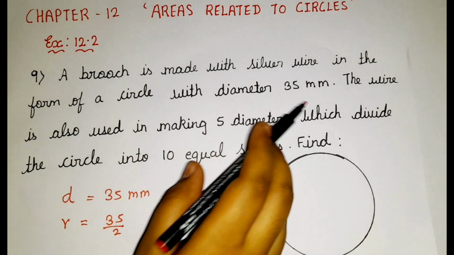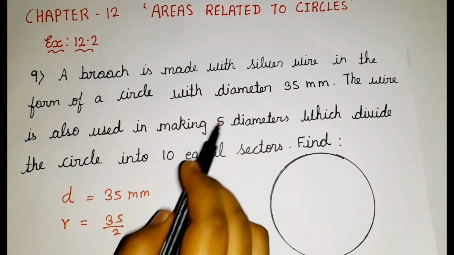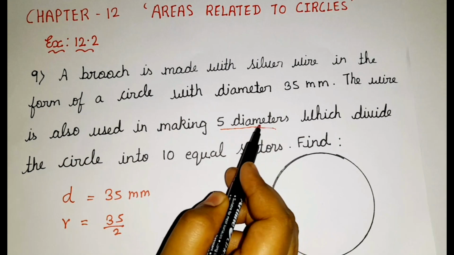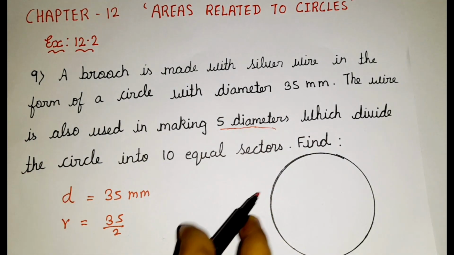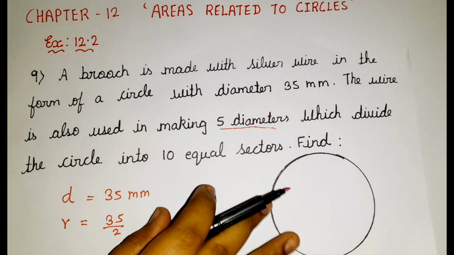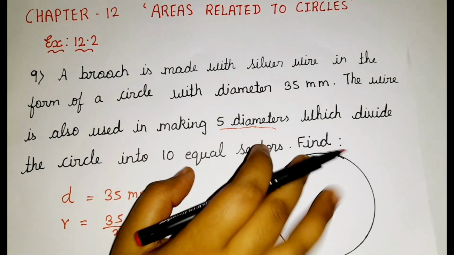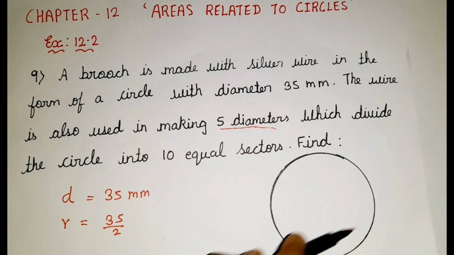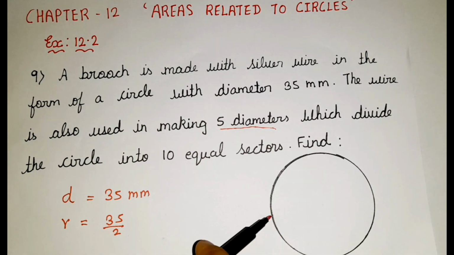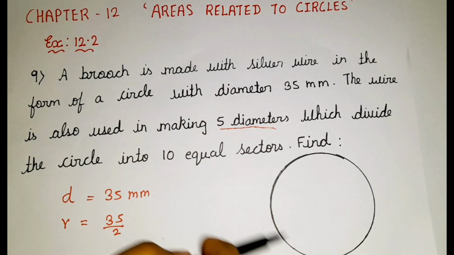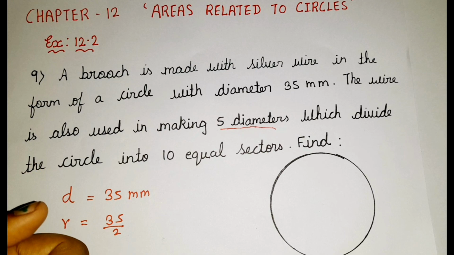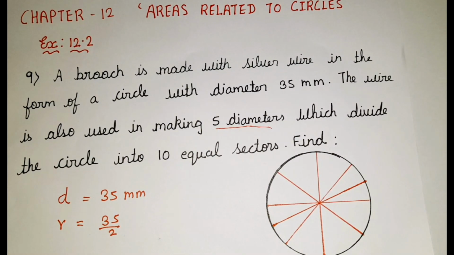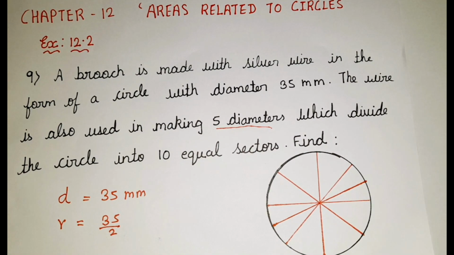The wire is also used in making 5 diameters. So what does it mean, 5 diameters? This is not the actual figure, this is just for your basic understanding. Here you can say this is a brooch which is in the shape of a circle. This outer part is made up of silver wire. Now let us draw the 5 diameters. So now you can see we have 5 diameters.